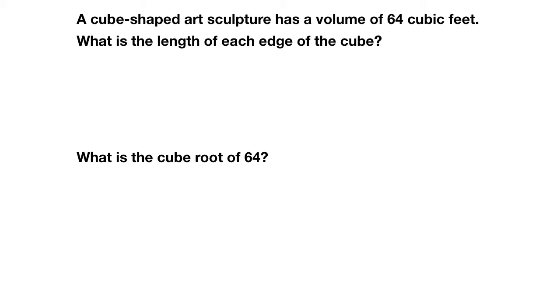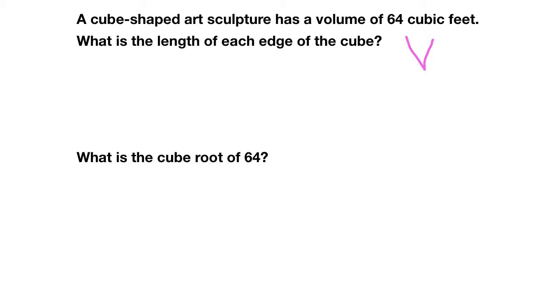Let's go to the back of the first page of your notes if you've printed them out. A cube-shaped art sculpture has a volume of 64 cubic feet. What is the length of each edge of the cube? The volume of a cube is found by length times width times height, but in a cube, these three edges are all the same.